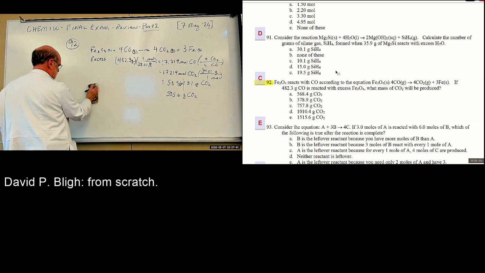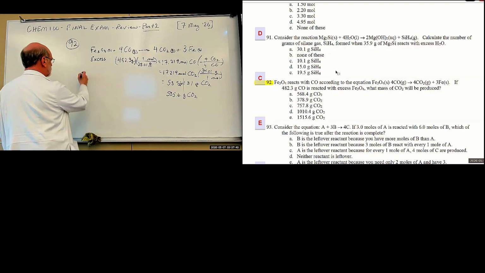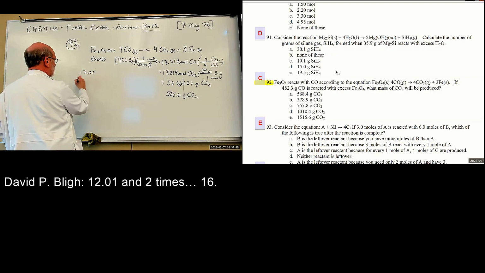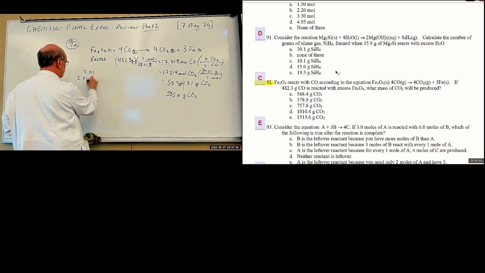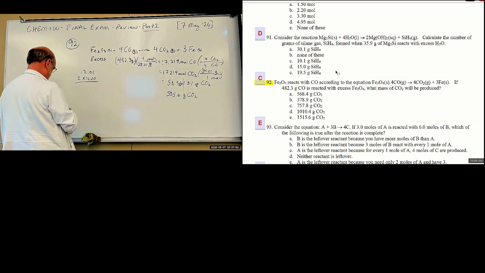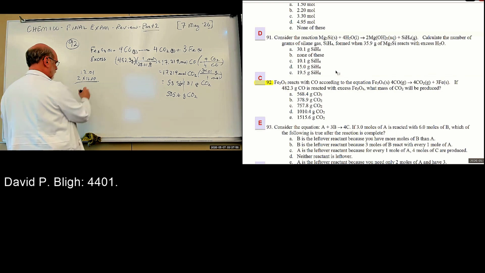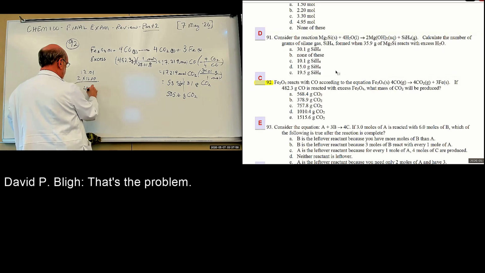All right, let's do it from scratch. CO2, 12.01 and 2 times 16. 44.01. That's the problem.